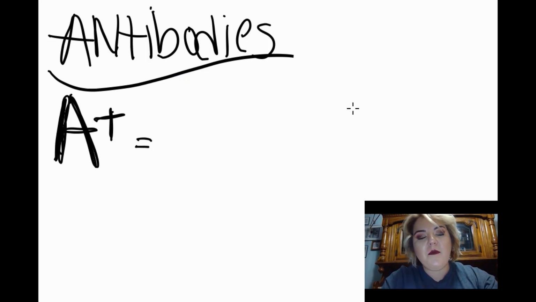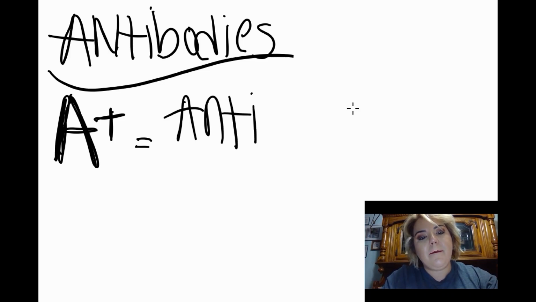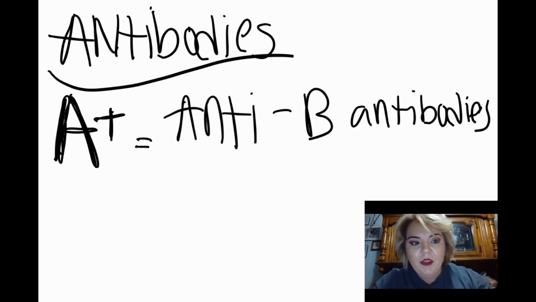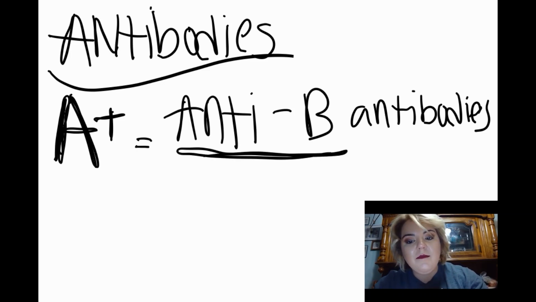So the antibodies that we would have are anti-B antibodies, which means that anytime you are given B blood, these fighters, anti-B, are going to come in and fight it.